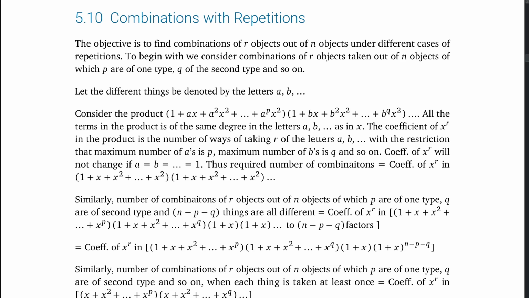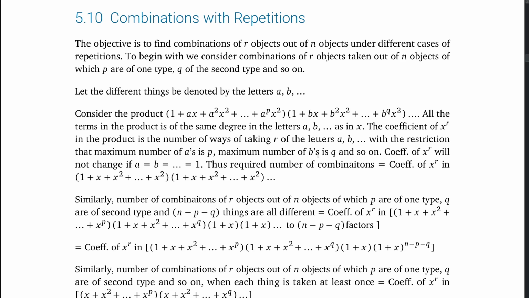All the terms in the product are of the same degree in the letters a, b as in x. The coefficient of x^r in the product is the number of ways of taking r of the letters a, b with the restriction that the maximum number of a's is p, the maximum number of b's is q, and so on.